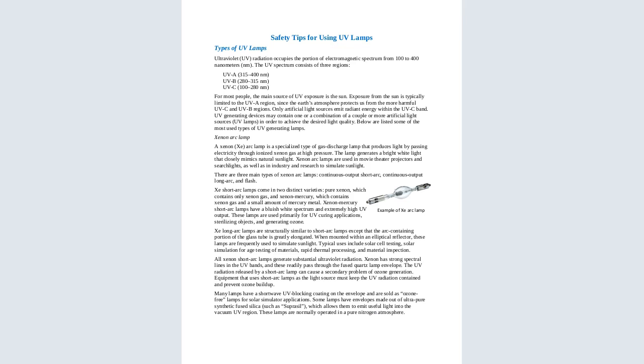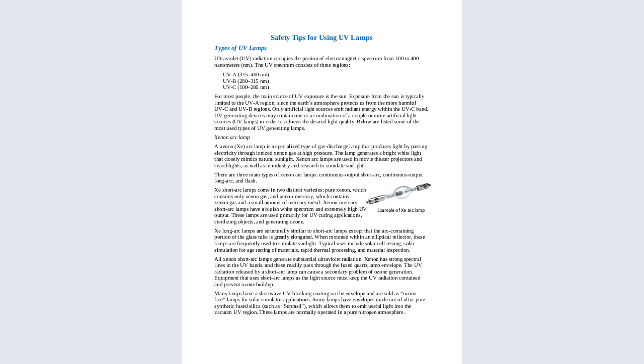So equipment that uses a short arc lamp as the light source must keep the ultraviolet radiation contained and prevent ozone buildup. Many lamps have a shortwave UV-blocking coating on the envelope and are sold as ozone free.